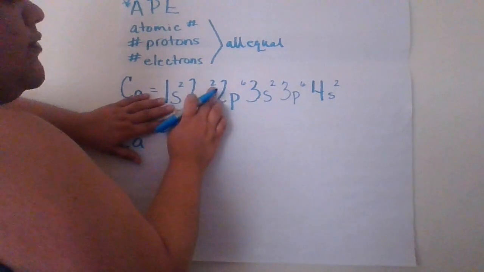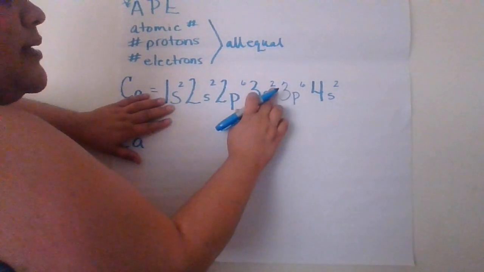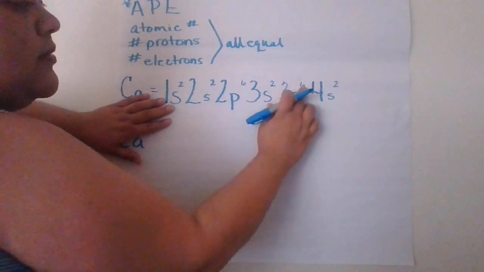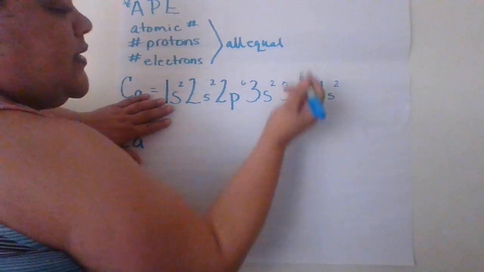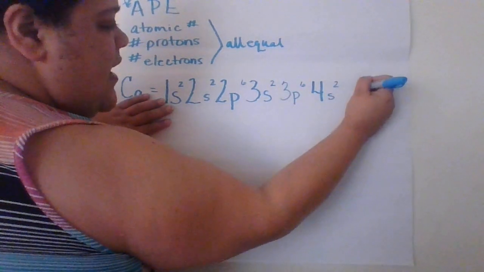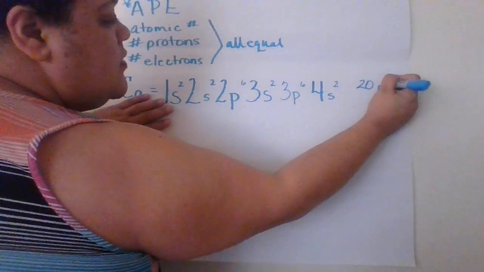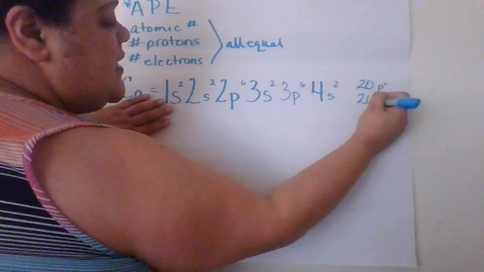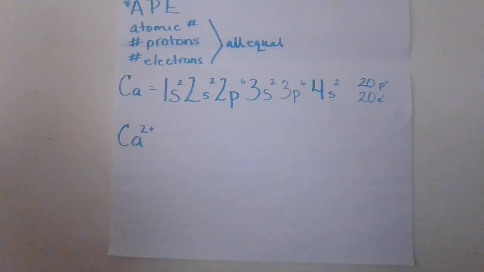So 2 and 2 is 4, 4 and 6 is 10, and 2 is 12, and 6 is 18, 19, 20 for that last 2. So here we have 20 protons and 20 electrons.